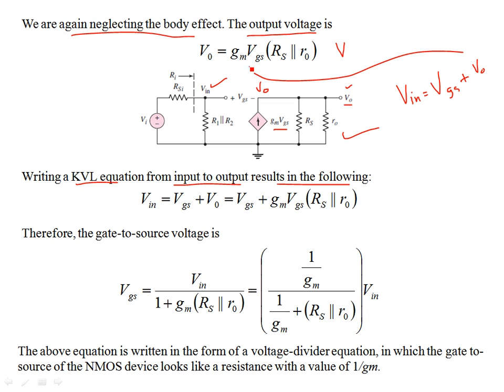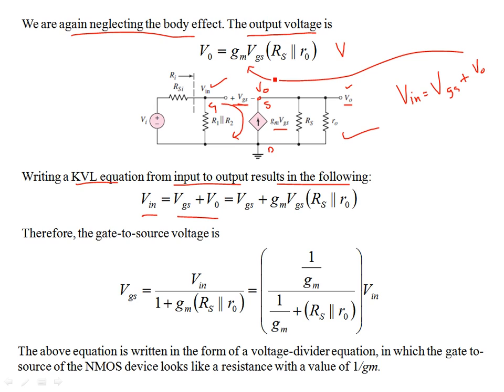V naught is right here, it's gm VGS times RS parallel R naught. So Vin is equal to VGS, the voltage drop between the gate and source terminals, plus the output, which is taken from the source. Just remember that this is my source terminal, this is my drain terminal, and this is my gate terminal. So whatever input voltage is available at the gate terminal can be divided into two voltages, that is VGS and V naught.